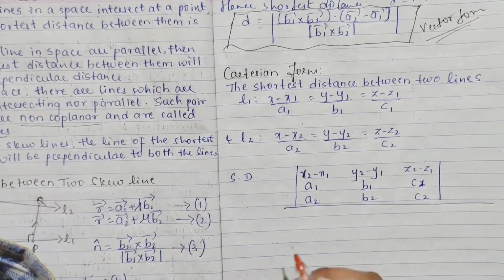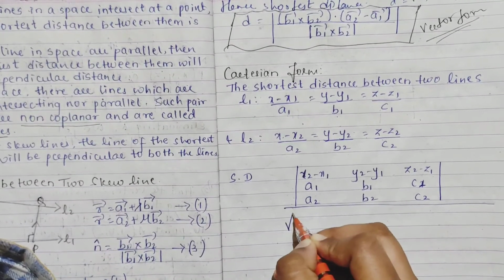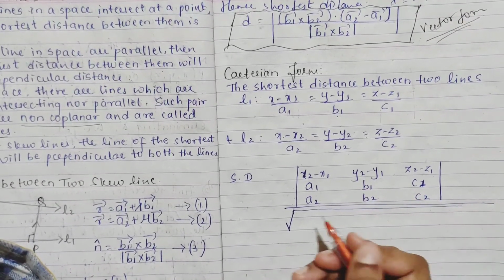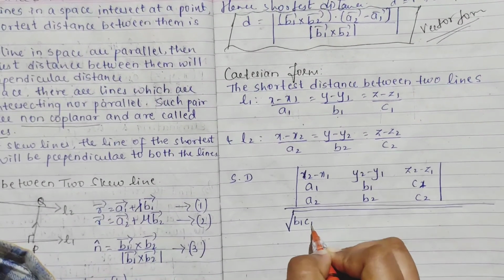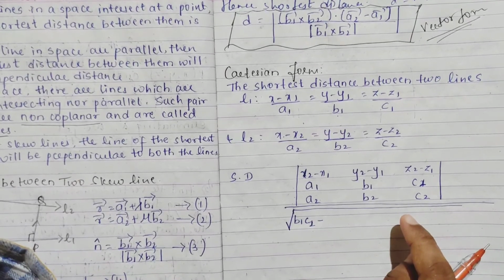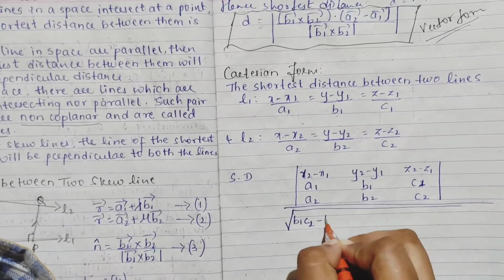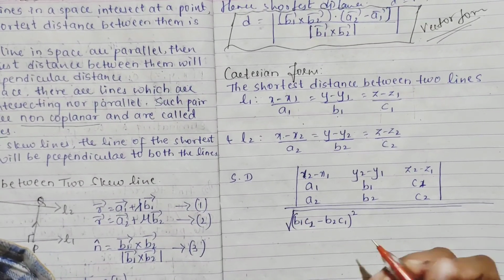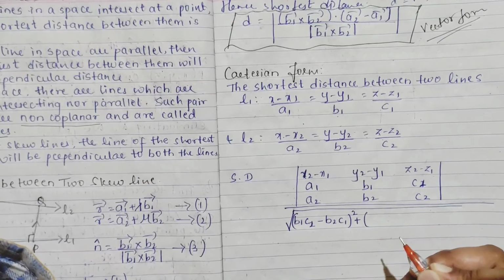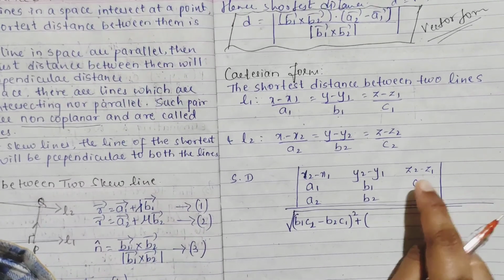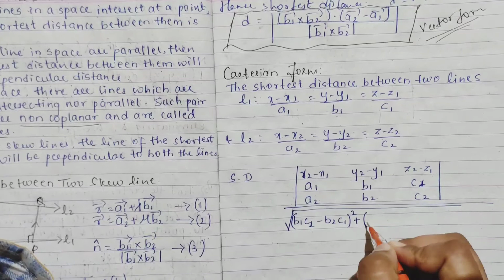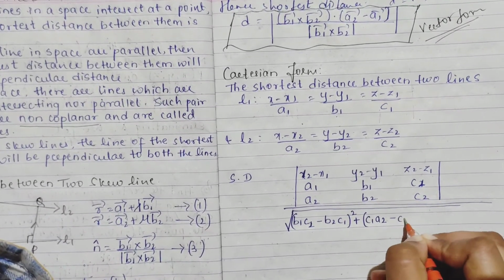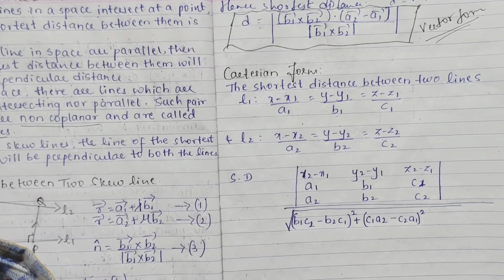dividing it by a square root. Okay, taking its square root: b1 into c2 minus b2 into c1, whole square, plus c1 into a2 minus c2 into a1, whole square.